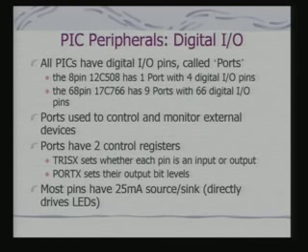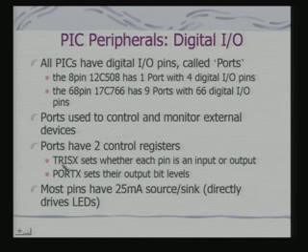So, whenever we want to do any manipulation on the port, one way of doing it is to read and write these registers. Ports typically are used to control and monitor external devices, to read input or write output onto the external devices, and each port has, as I told you, two control registers.